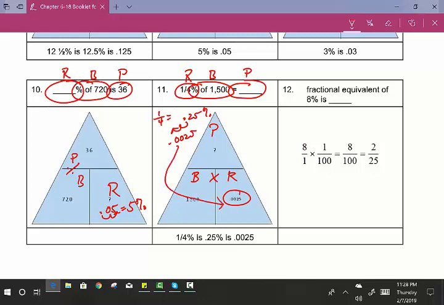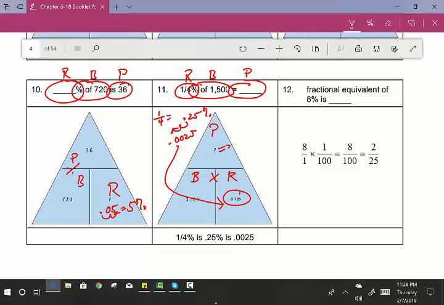So 1,500 times 0.0025 is equal to 3.75. So 1/4 of 1% of 1,500 is 3.75. Here are some conversions beginning with number 12.